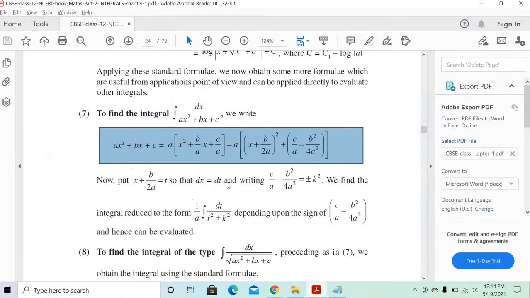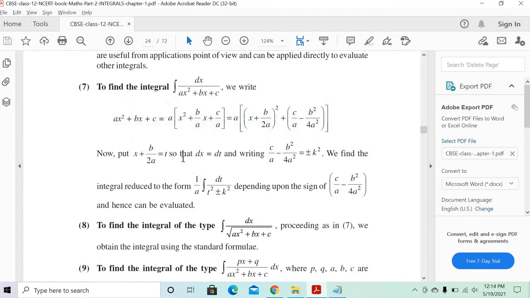You don't have to do this part right now, because it may be a little confusing with everything in terms of variables. Once we do the problem, it will be easy to understand. Once you get the a plus b whole square form, you can take x plus b by 2a as t. When you differentiate it, you will get the numerator part, because the numerator is nothing but dx only, so it will come in the form of dt.